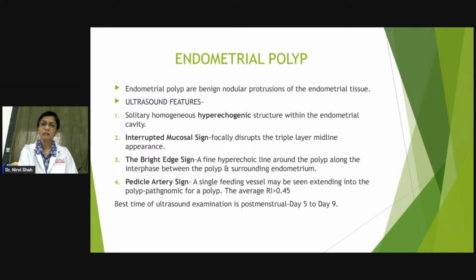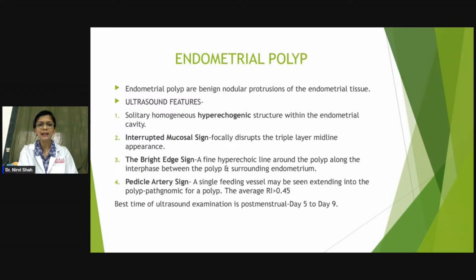Endometrial polyps are nothing but nodular protrusions of the endometrial tissue. They have very typical ultrasound features. There's a hyperechogenic, solitary single mass inside the cavity, and it is homogeneous. Also, it interrupts the triple line, so there is discontinuation of the entire triple line of the endometrium.